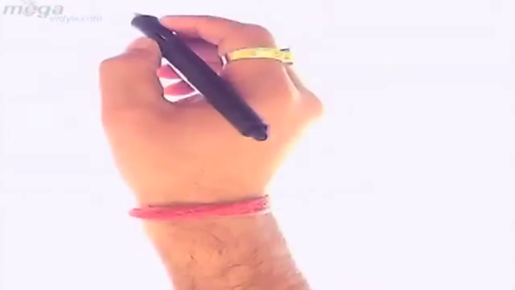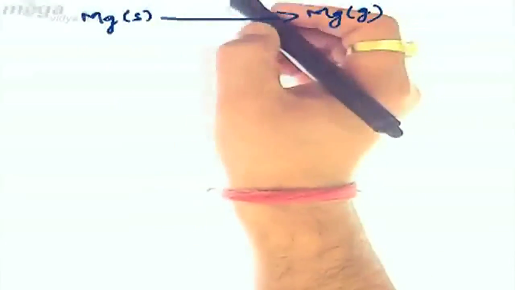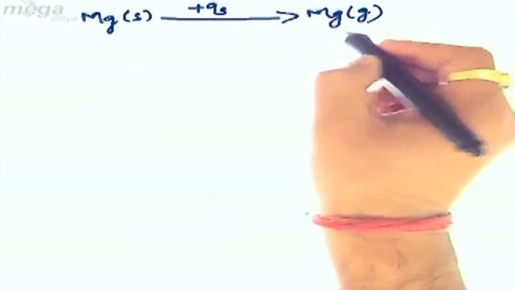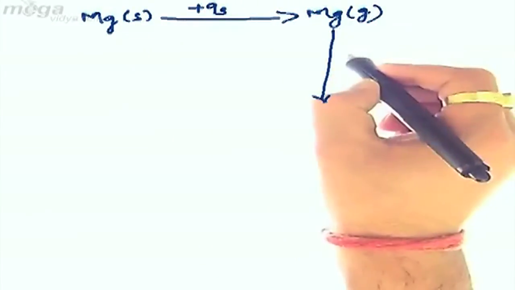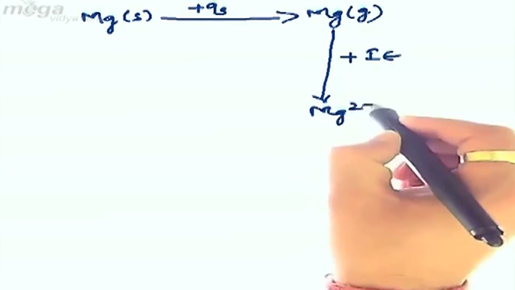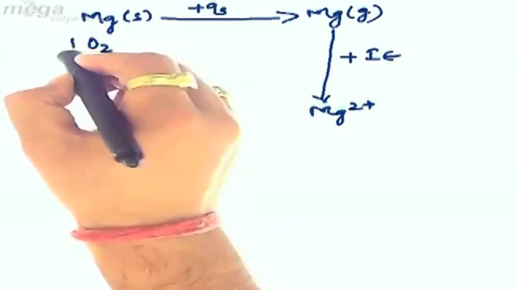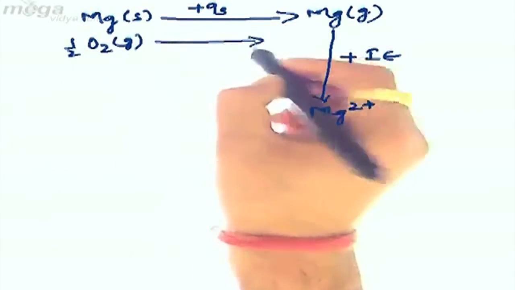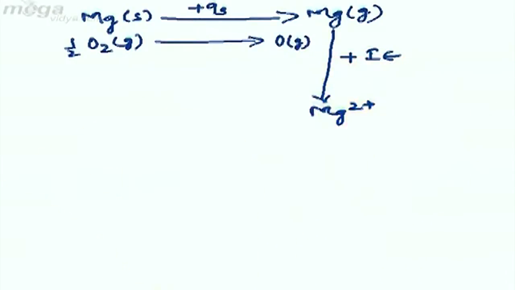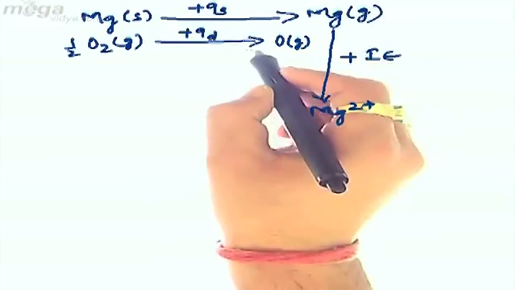If I write the same process: magnesium solid is converted into magnesium gas by the provision of energy called heat of sublimation. In the next step, magnesium gas on the provision of ionization energy converts into Mg2+. Similarly, O2 has to be converted into the uncombined state, O, by the provision of energy called heat of dissociation.